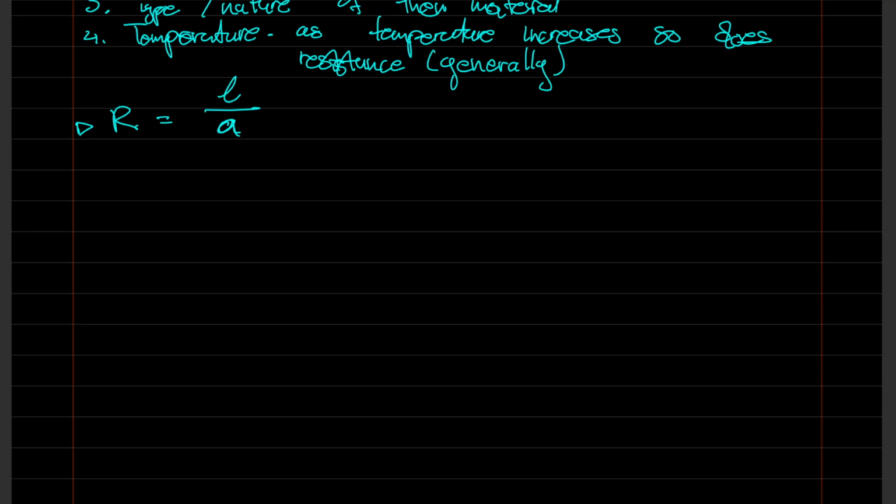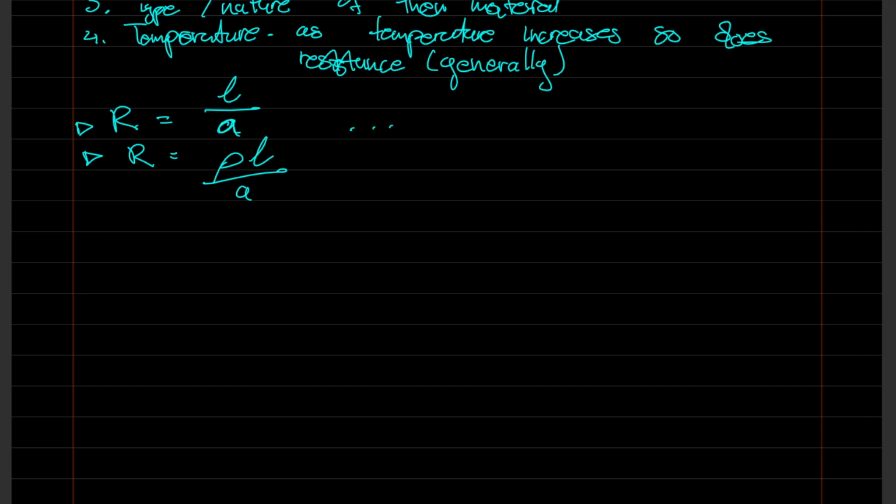We will consider the nature, or the effect of the material, through a constant of proportionality. I will introduce a constant of proportionality. We did not consider it in this first equation. Now considering it, our formula would change. It would be R equals our constant of proportionality, rho, times L over A.